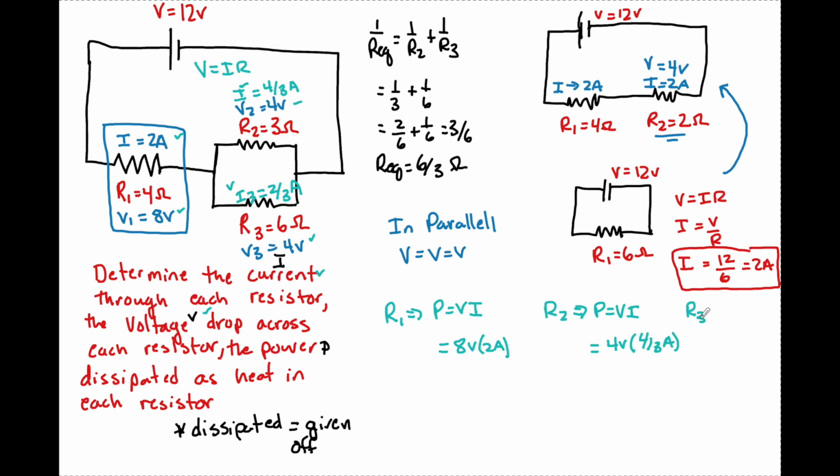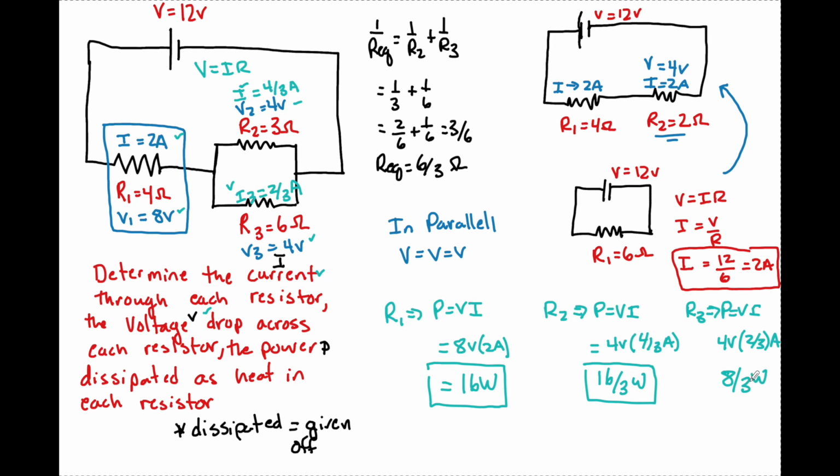And at R3, we use the same exact formula, P equals VI, and we could say that 4 volts is going to be multiplied by 2/3 amps. I do the math and I get 16 watts here, I get 16/3 watts here, and I get 8/3 watts here.